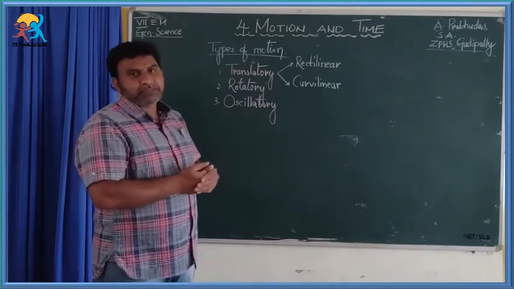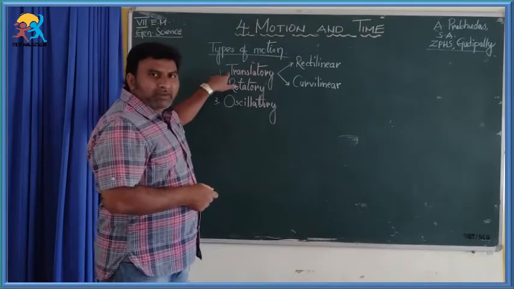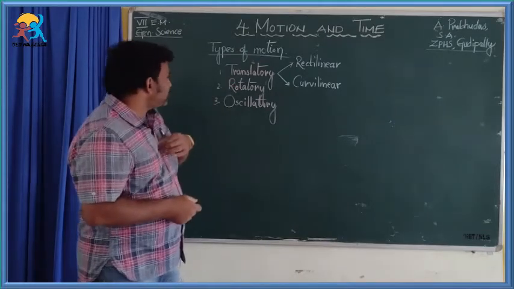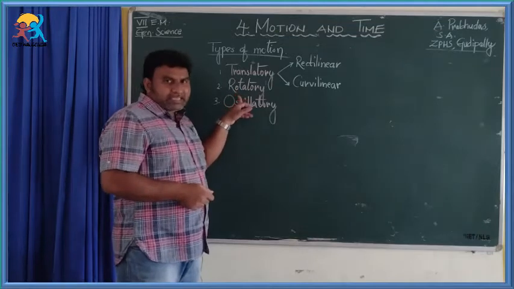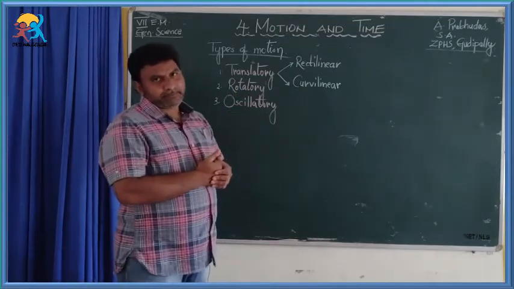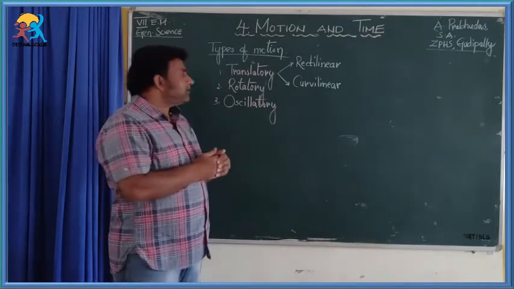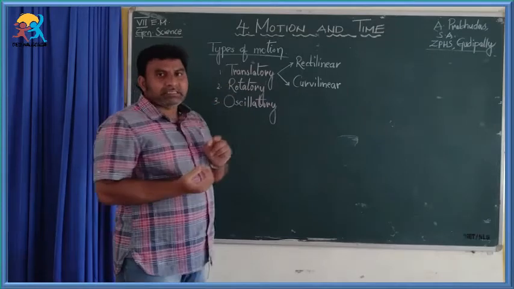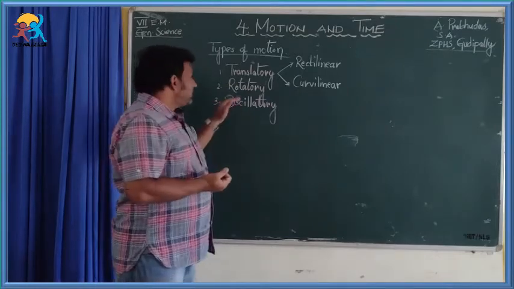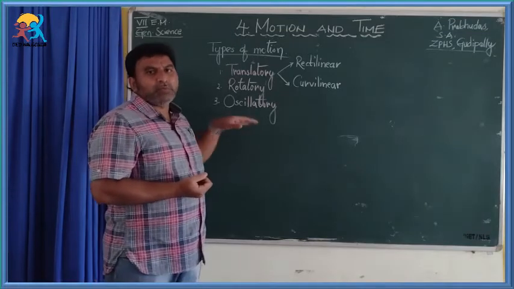The major types of motion are: number 1, translatory motion, rotatory motion, oscillatory motion. There are 3 major types of motion. They are translatory motion, rotatory motion and oscillatory motion.